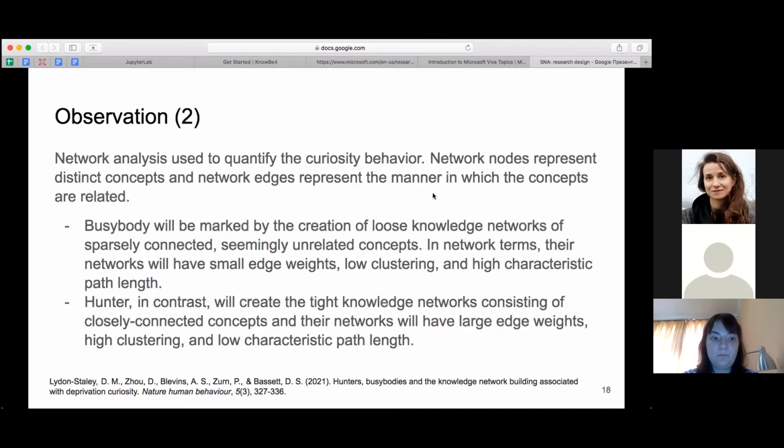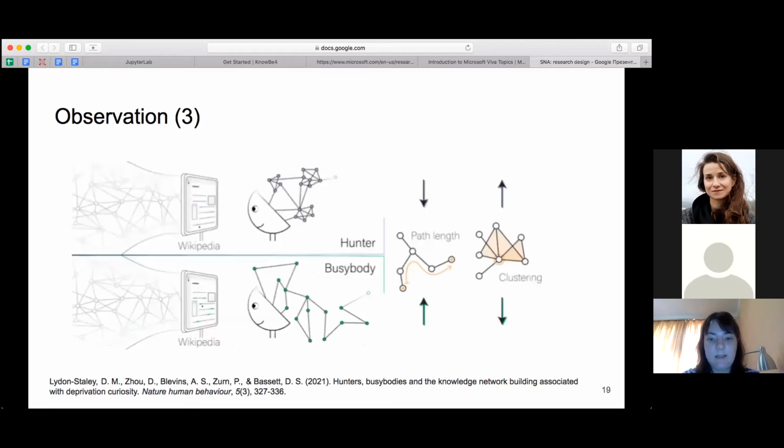And these two big different groups were suggested to be quantified and identified by network analysis. So these different types of curiosity behavior were suggested to represent distinct concepts of networks of browsing. Let's move to this picture to make it easier to identify.